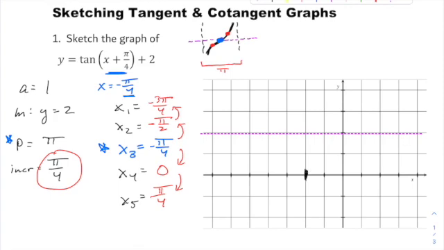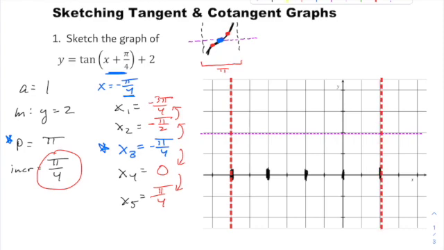So that will be negative pi over 4, negative 2 pi over 4, or negative pi over 2, and negative 3 pi over 4 should fit nicely. There's 0, and there's pi over 4. And our beginning and our end, x1 and x5, are vertical asymptotes. There's 1, and there's 2.